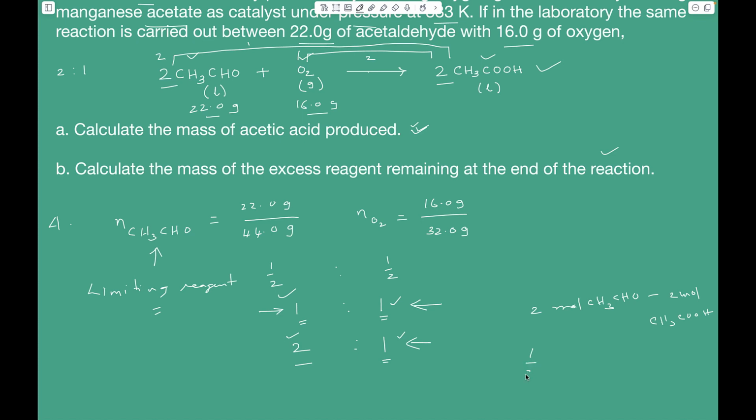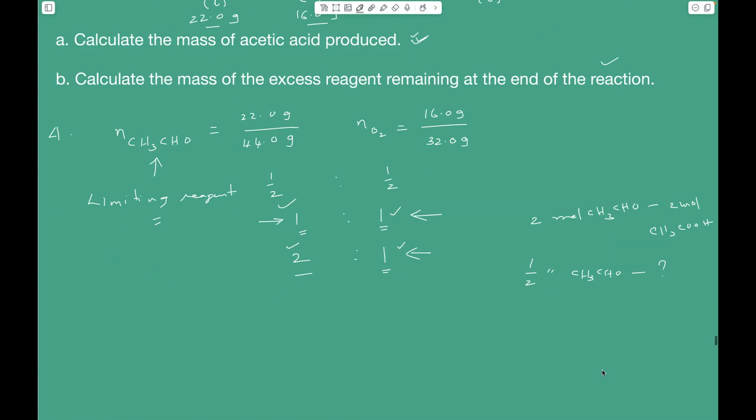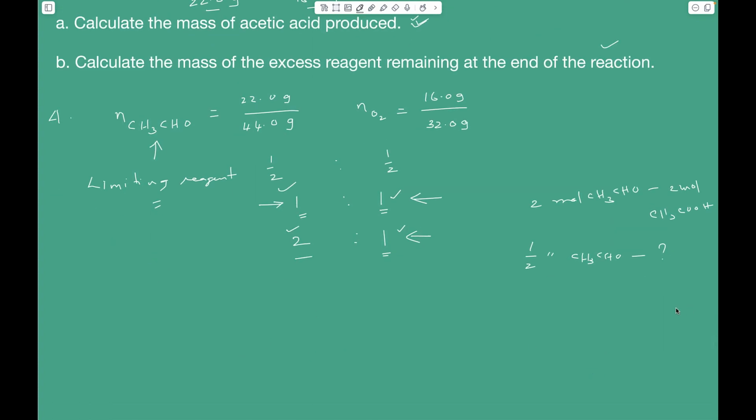But here we have only half mole of acetaldehyde. Then how much acetic acid would you get? Simply half mole, right? So you would only get half mole of acetic acid from half mole of acetaldehyde.